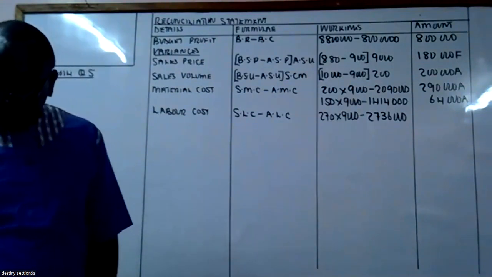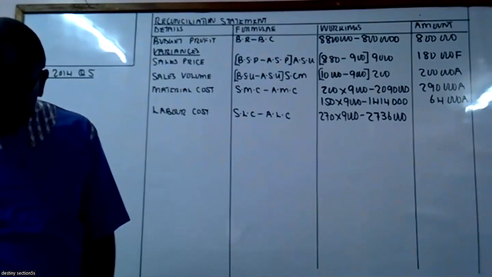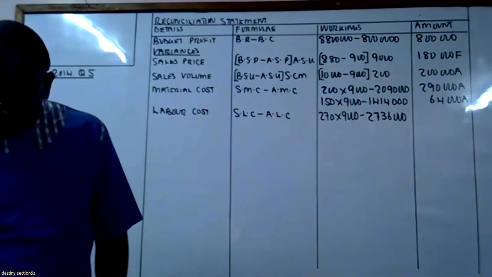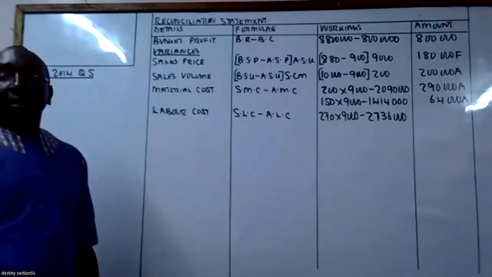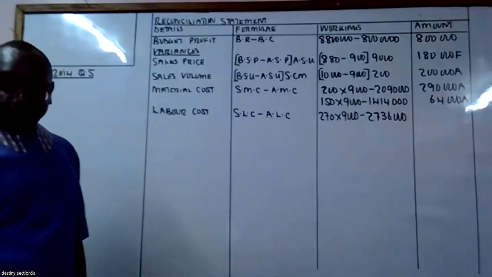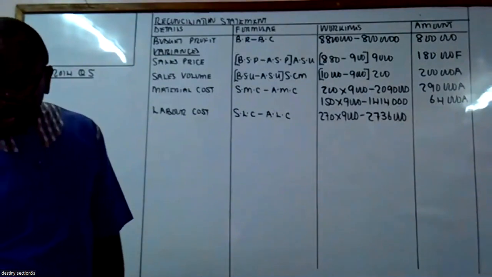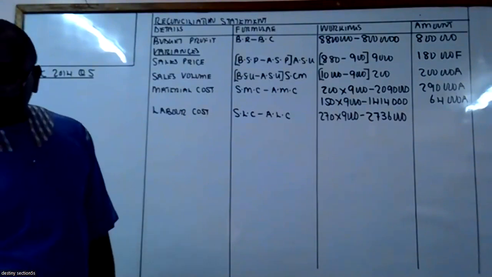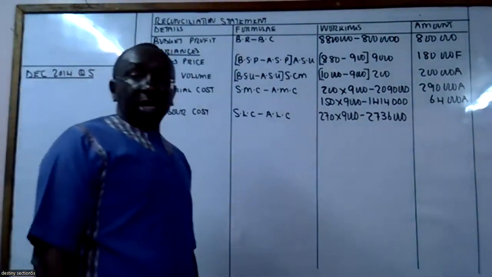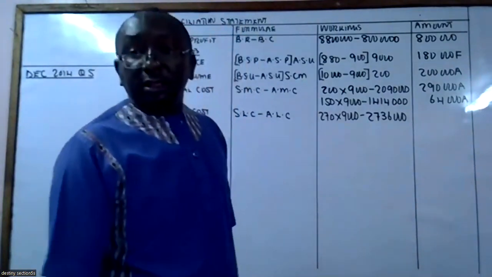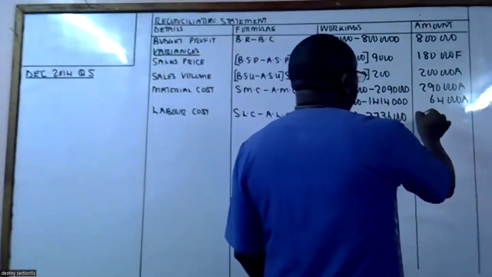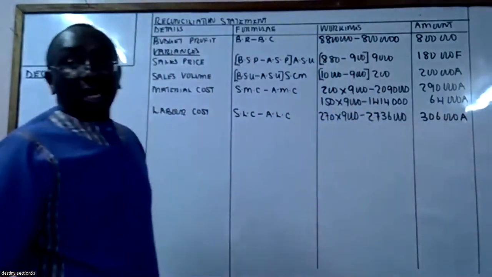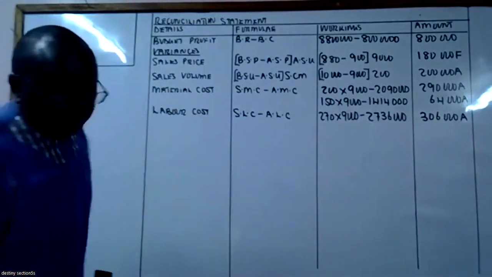So if you say 270 times 9,000 minus 2,736,000, what do you get there? You get 306,000. Good. 306,000, and this is still advance.